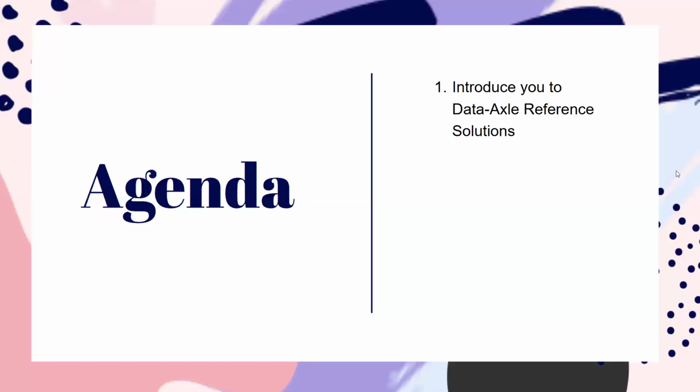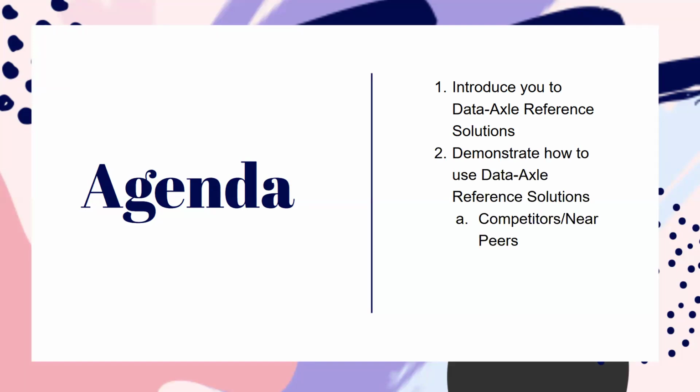So we're going to basically introduce Data Axle Reference Solutions, demonstrate how to use it, and then really focus on how you can find your competitors or near peers, and then how to focus on customers. I will go ahead and tell you that during the customer portion, I'm going to pause the recording so that we can balance that little bit of knowledge and how we do those searches with privacy for the information that we find.